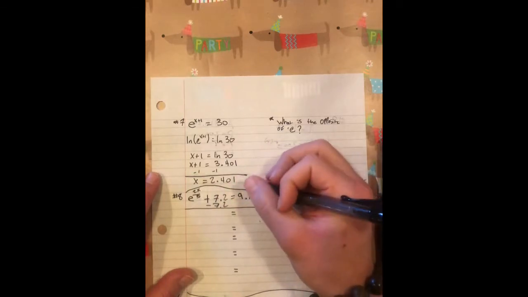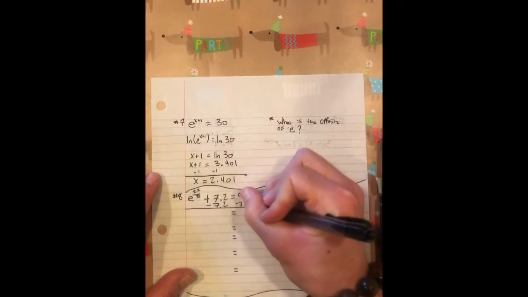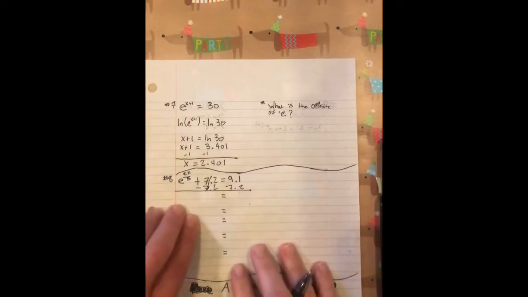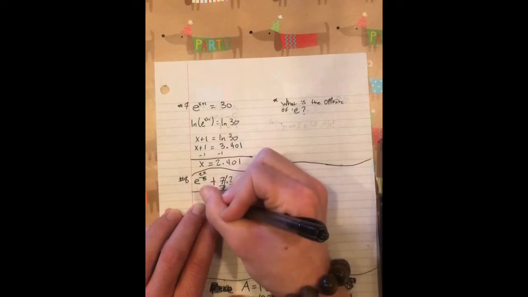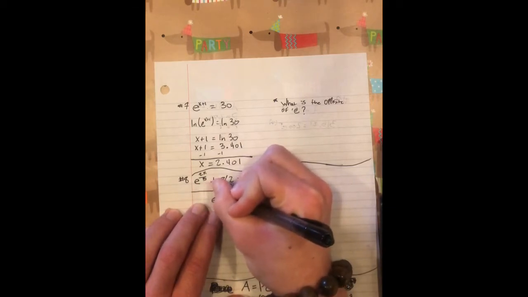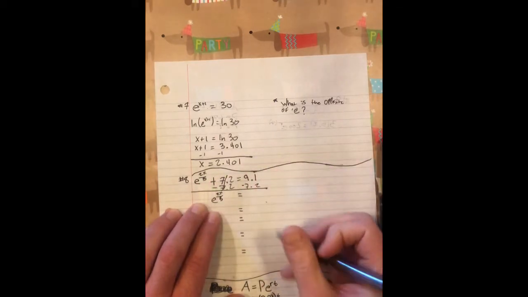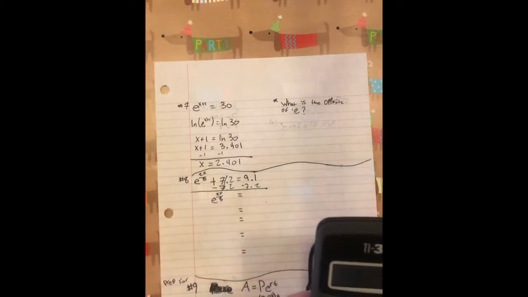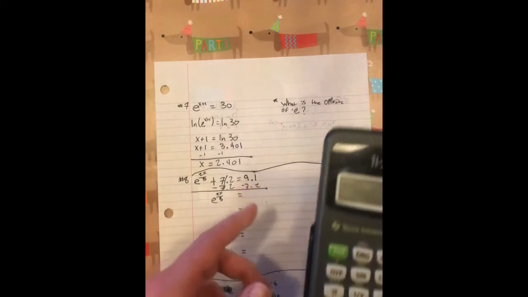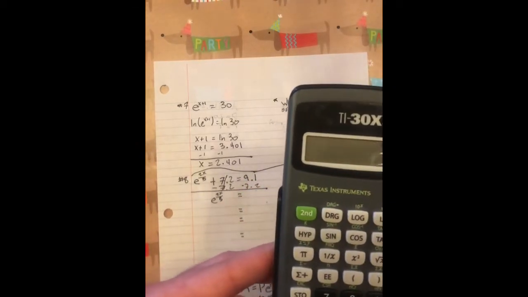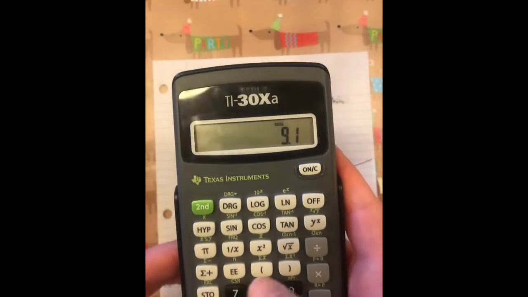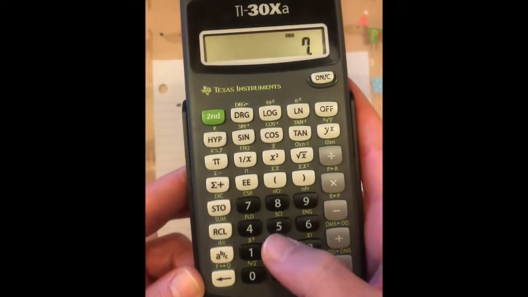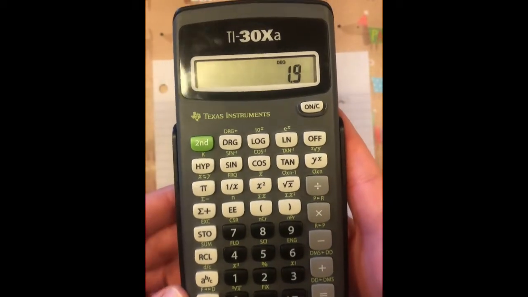What I do to one side, I need to do to the other. That cancels that. And we're left with e to the 2x over 5 exponent. And just so that you guys stop making simple mistakes, 9.1 minus 7.2 is 1.9.